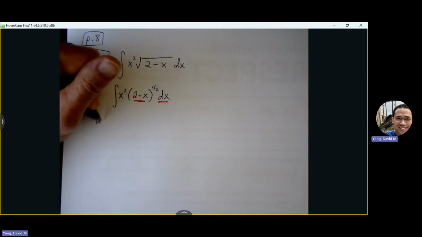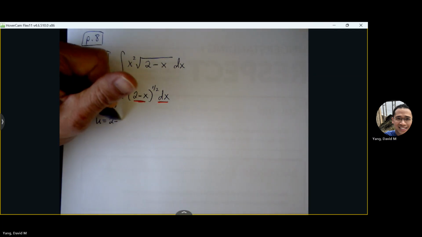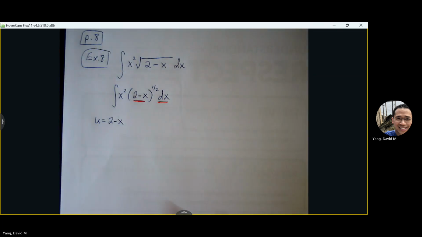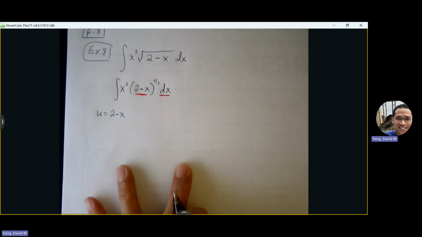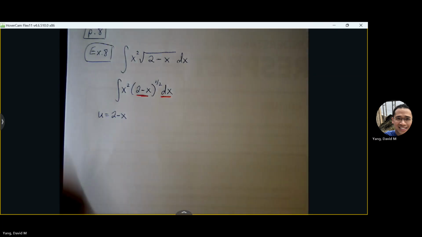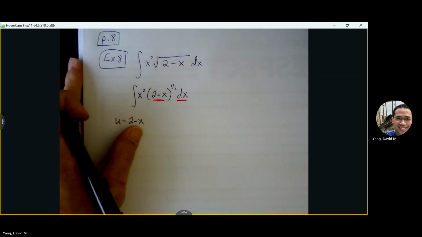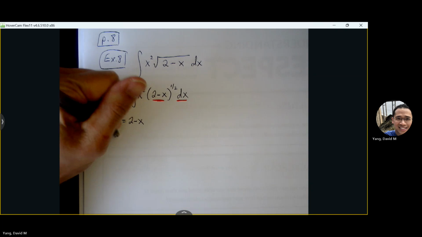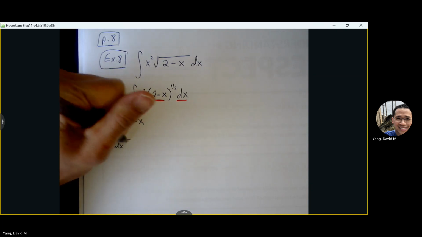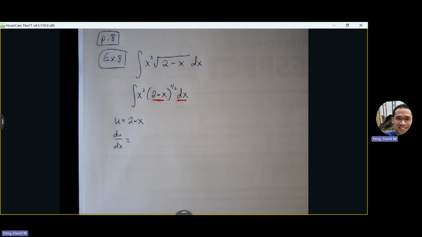Okay, so our u value is 2 minus x. Our derivative, we're always going to do du over dx. The 2 goes away, the negative x becomes negative 1.